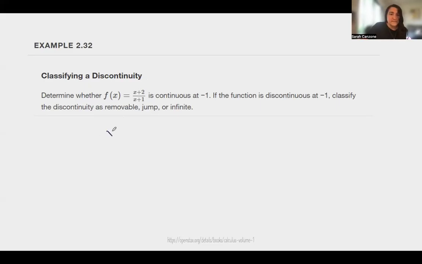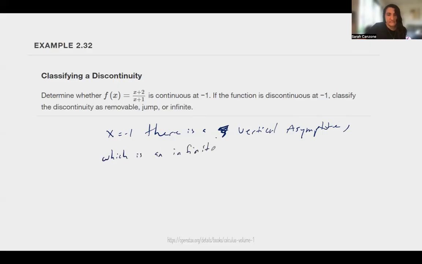So that tells us at x equals minus 1, there is a vertical asymptote. And at vertical asymptotes, that is an infinite discontinuity.